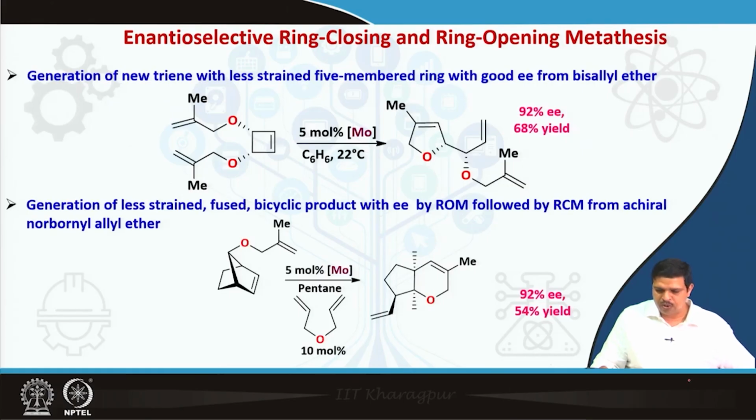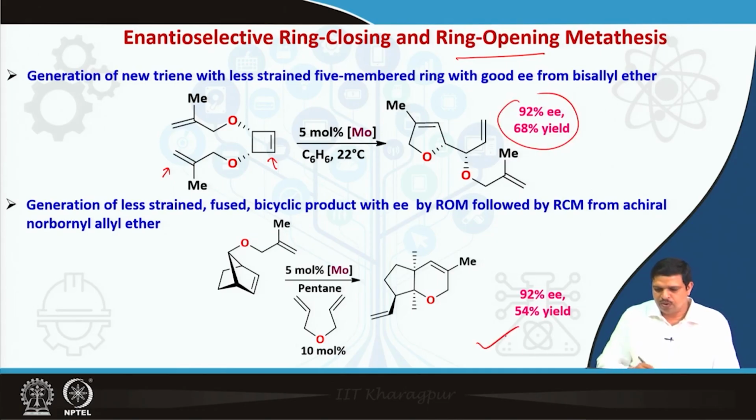And there are various other examples here. You will see how you can do ring opening and ring closing metathesis both. Here you are closing the ring, and here opening it, so simultaneously a ring closing and ring opening reaction, and you will see how you can make it stereoselective.